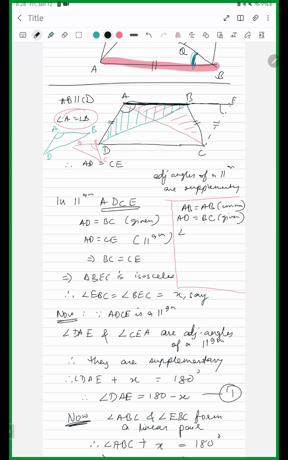So angle DAB is equal to angle CBA, proved above. So therefore by SAS they are congruent. And hence diagonal AC is equal to diagonal BD, shown by CPCT.